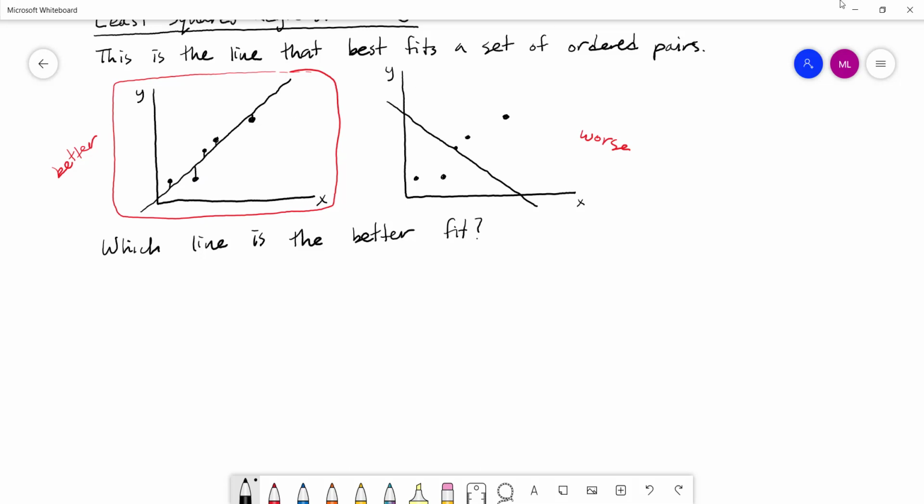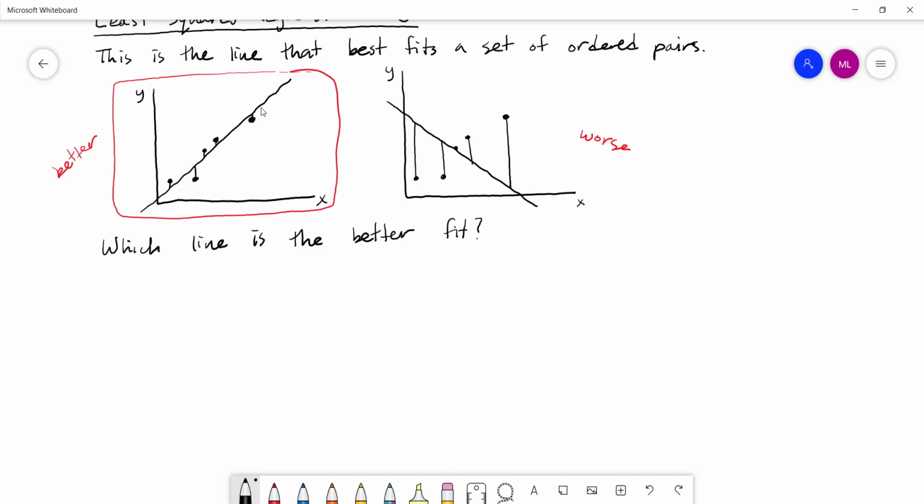Whereas over here, if I draw in those same distances, just the vertical distance between the line and each point, they're much bigger distances. This is ultimately what we're going to use. I want the average distance between the line and the points to be as small as possible. Whenever these distances are small, I know I'm winding up with a line that's a better fit.